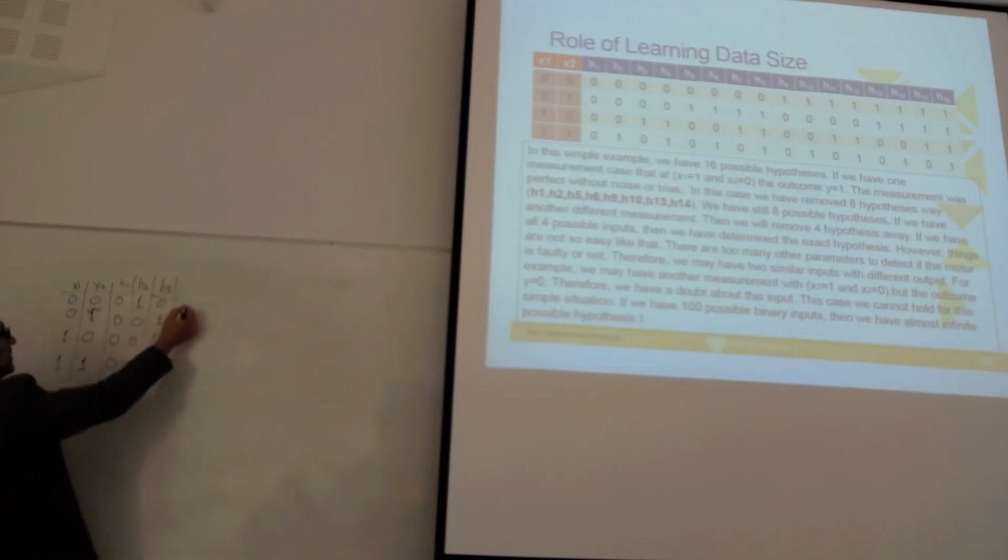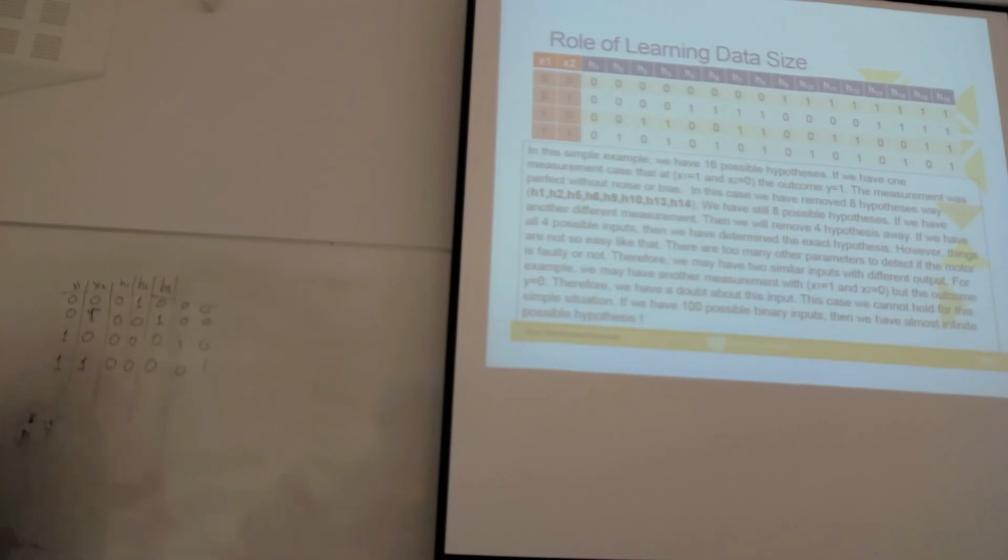So we have here like 0, 0, 1, 0, 0, 0, 0, 1. You put all possible situations. How many situations will we have? Because we have 2 cases, we have 2 to the power 2, which is 4.